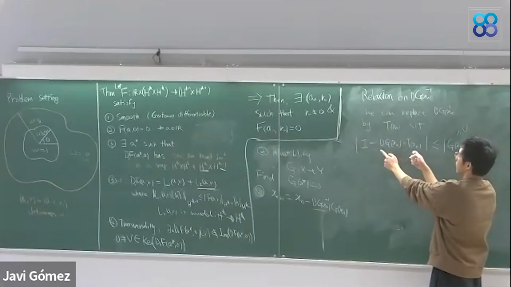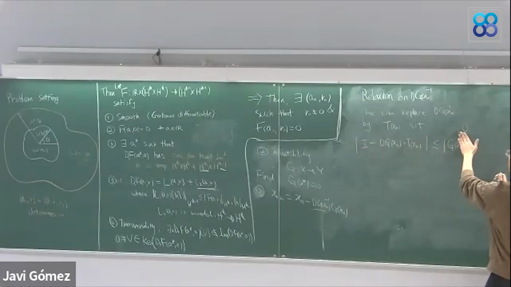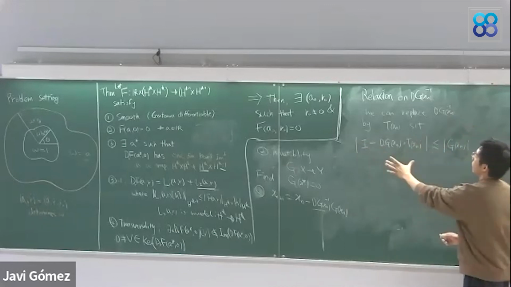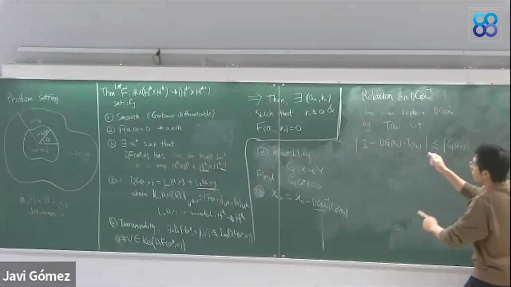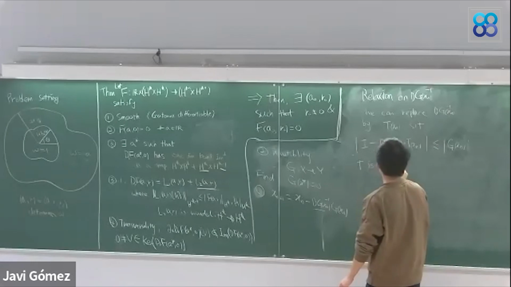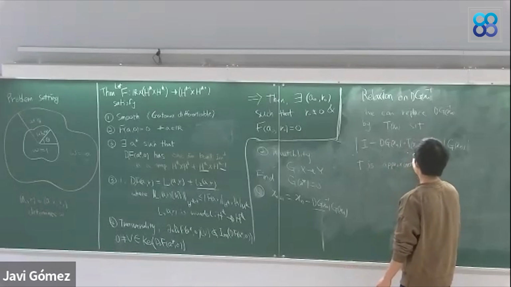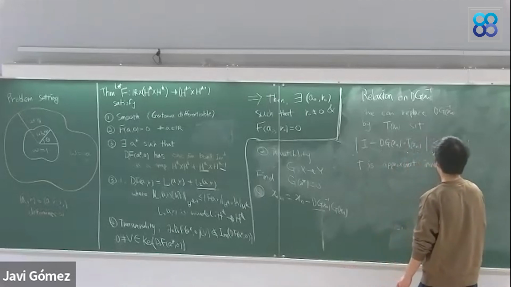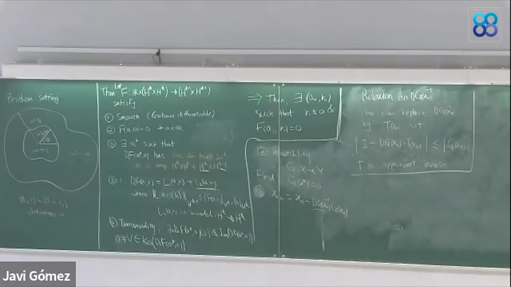If T was the inverse, then when you compose it, that gives you the identity, so this is 0. But we allow this quantity not to be 0, but something that is bounded by the function value at each point. So here the T is what is called an approximate inverse. It's almost like an inverse, but not really.